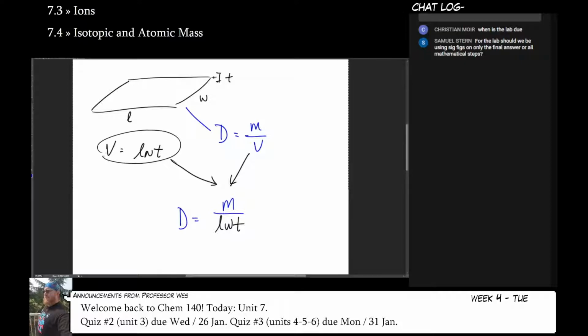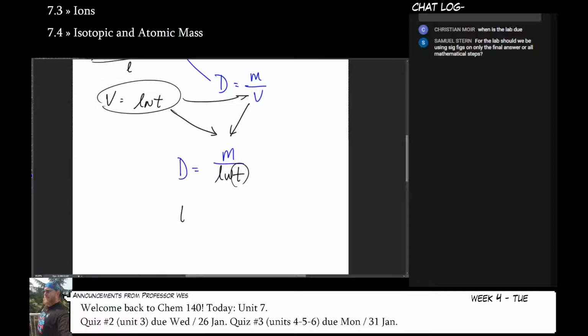I'm substituting in the volume into the equation. And now what I can do is solve for the variable that I need to know, which would be this. Thickness equals mass divided by length times width times density.